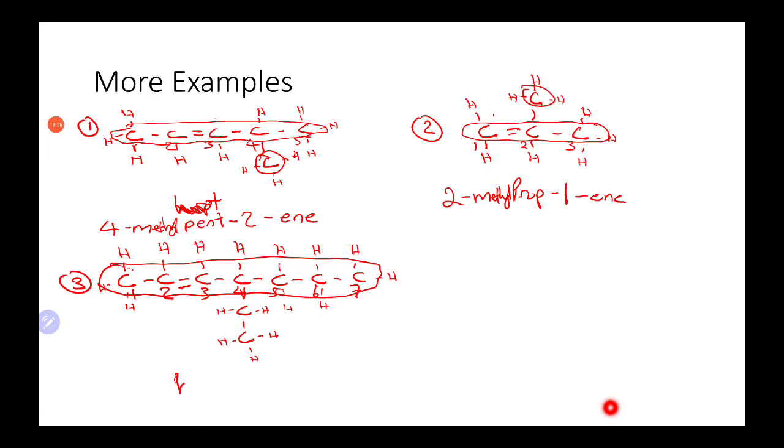So that's going to be hept, because it's 7 carbons. The double bond's on carbon 2, hept-2-ene. The branch is on carbon 4. This time it's got 2 carbons in it, so it's an ethyl branch. And because it's on carbon 4, it's 4-ethyl hept-2-ene.